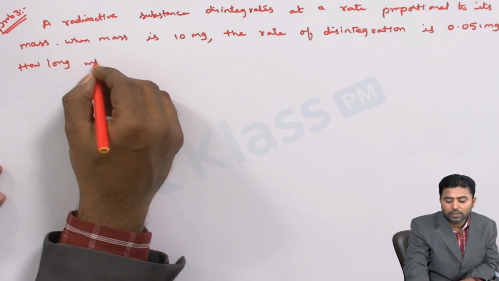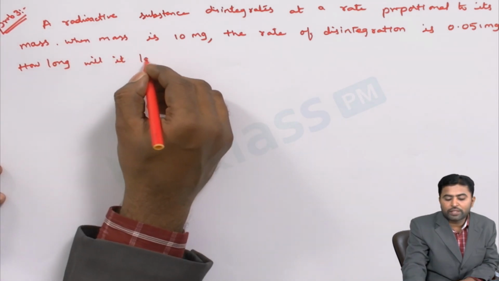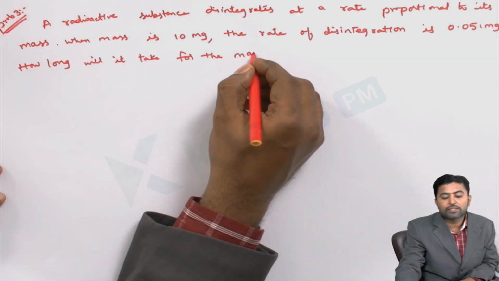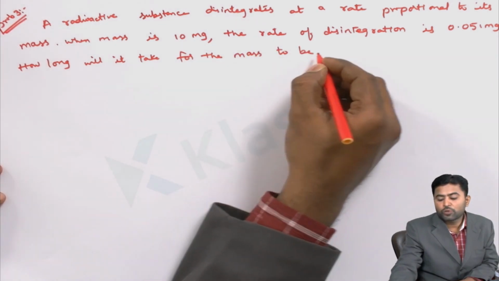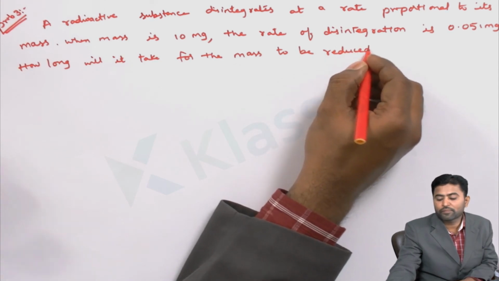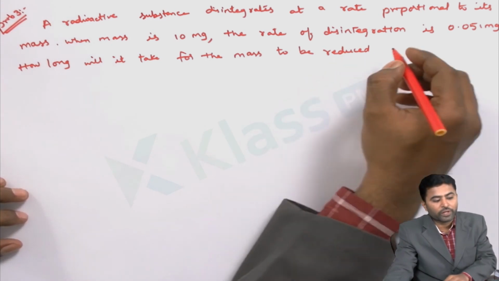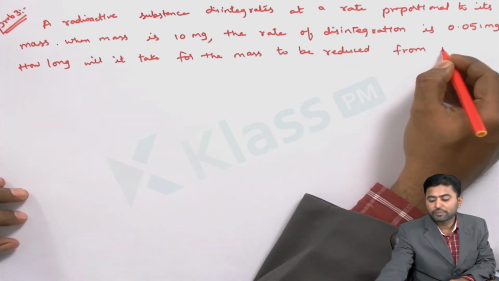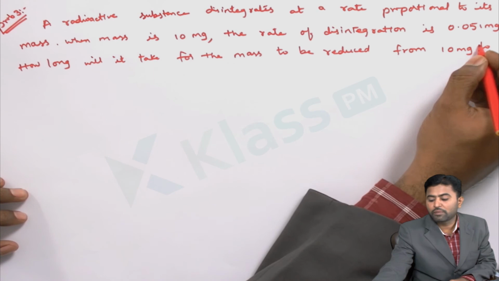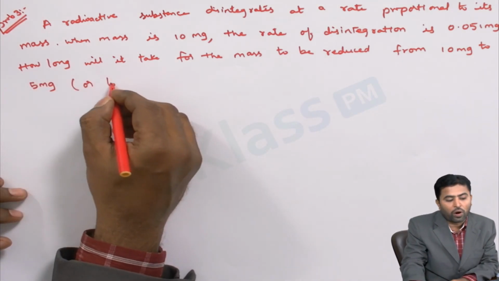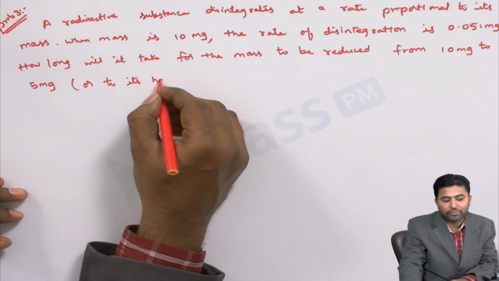How long will it take for the mass to be reduced from 10 milligrams to 5 milligrams, or to its half?